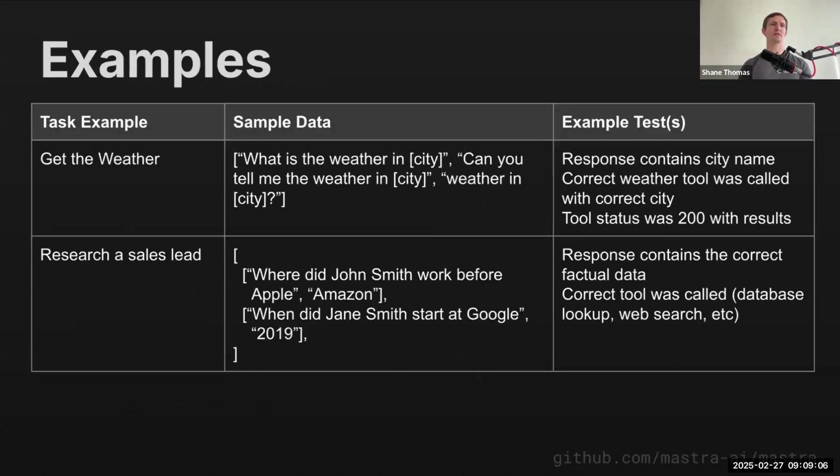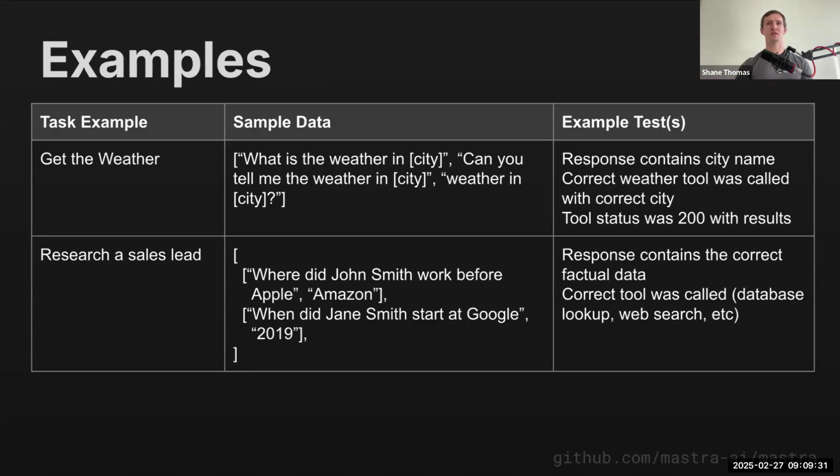Here are some really simple examples of what this might look like. Let's say I wanted to build an agent that gets the weather. We just talked about how Abby's never seen snow. But you might have a bunch of different ways in your sample data of how someone might ask for the weather. What's the weather in this city? Can you tell me the weather? Weather in this city? And you might have a whole bunch of different sample ways that someone might ask for that.